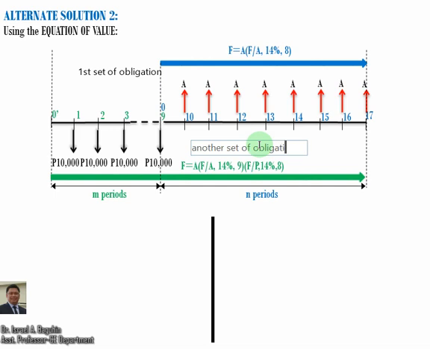It matters now on calculating the value of F with regard to this annuity A, and then we also calculate the future amount considering the cash deposit as another set of obligation. Again, we assign this one here as our point 1, and the point considering the cash deposit as our point 2.